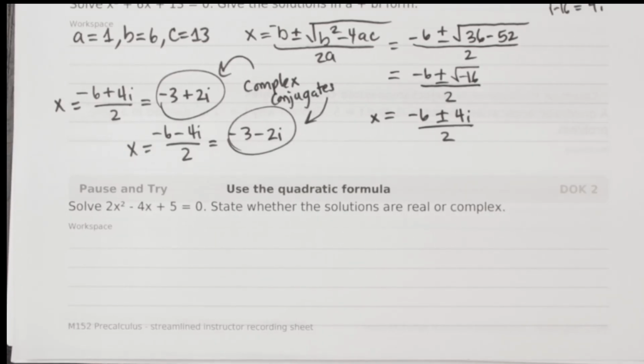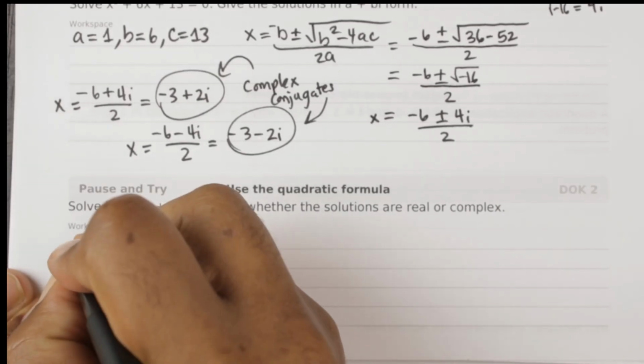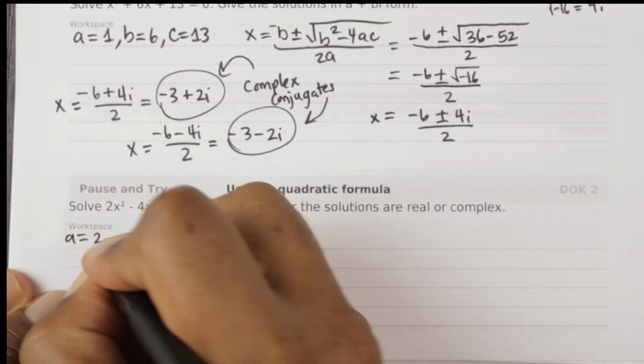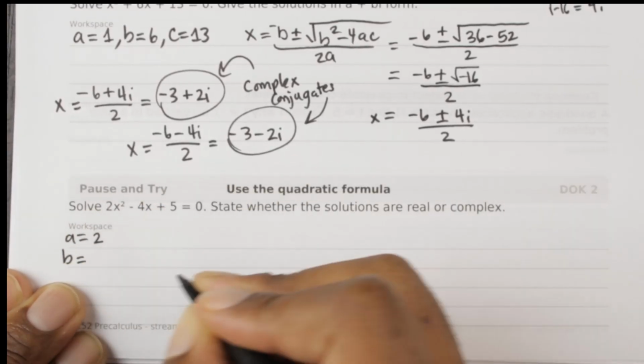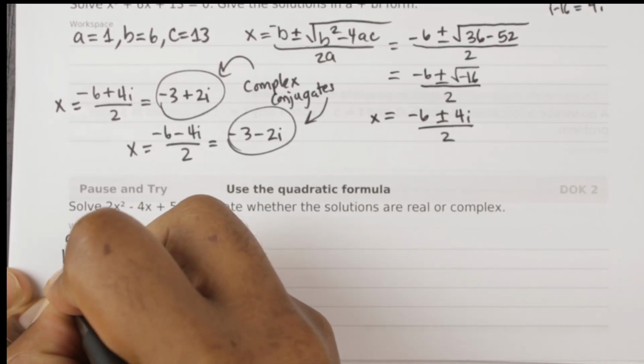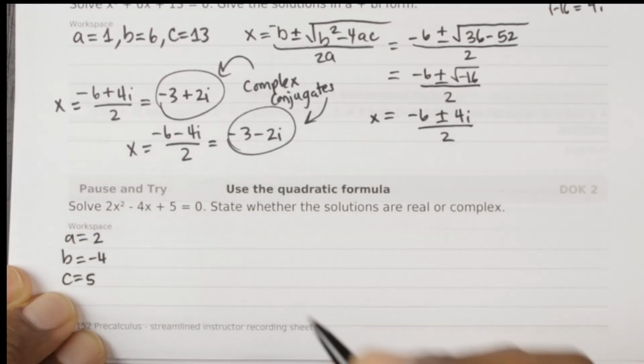All right, so in this problem, we have 2x squared minus 4x plus 5 equals 0. State whether the solutions are real or complex. So first of all, we need to identify our parts. We have a is 2, b is negative 4, and c is 5.